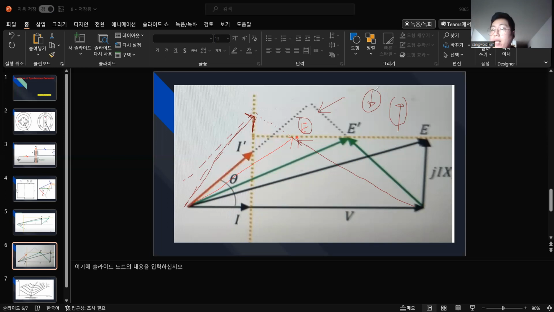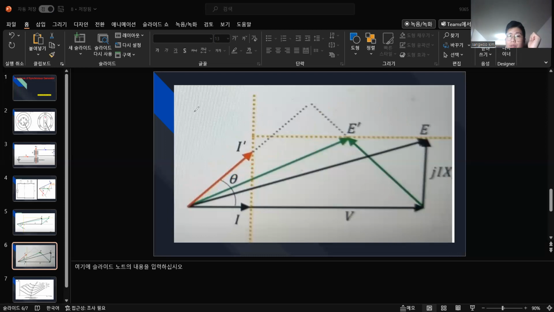But at nighttime we mostly sleep, compared to the daytime, so the load demand is decreased. So this is that situation. We say under excitation: it just absorbs the reactive power from the line.